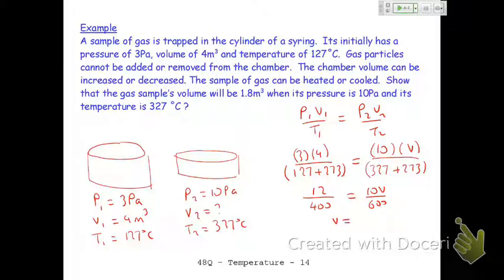So V is equal to 12 times 600 over 10 times 400.